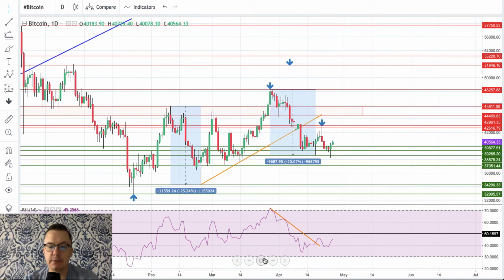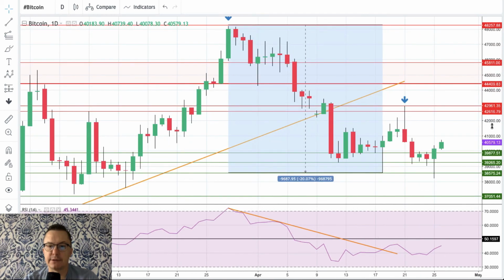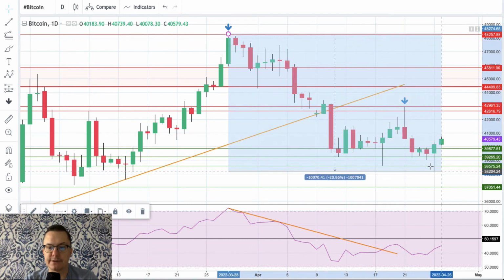The Bitcoin bulls are still defending the very important level, 38,575. This is the technical support, and we have a very interesting candle here. This candle looks like a pin bar, so we should see a bigger bounce on the Bitcoin soon.